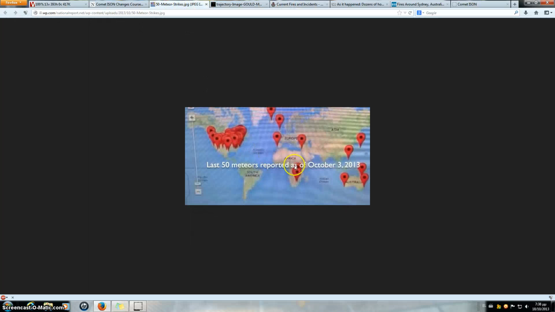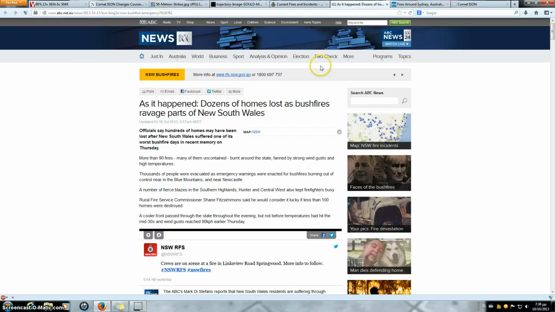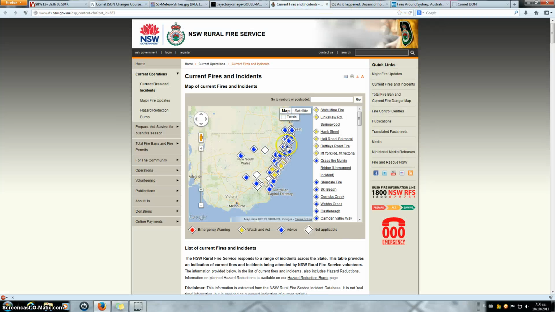I found this image where these meteor strikes have taken place. I find it very interesting that we have fires in those areas. Is there a correlation? Is that what's responsible? I don't know. I made the connection. I connected dots 1 and 2, and this is just a theory, of course. This is just my theory. This is not fact. This is just what I am guessing and what I think.